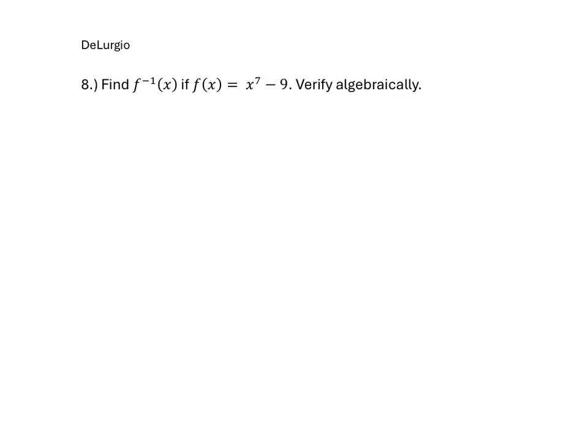Okay, so this last one is just finding the inverse and then verifying algebraically that it's the inverse, making sure we know how to do this with higher order powers. So first, if we have f of x equals x to the 7th minus 9, we're going to switch x and y and say x equals y to the 7th minus 9.